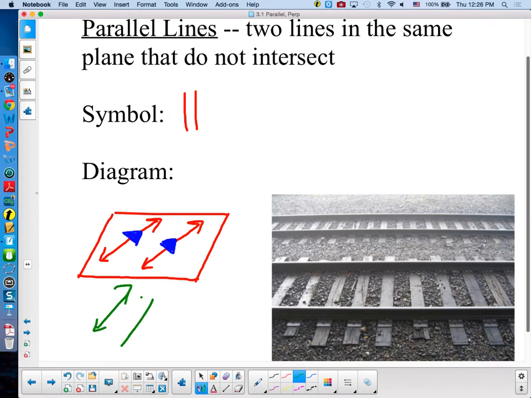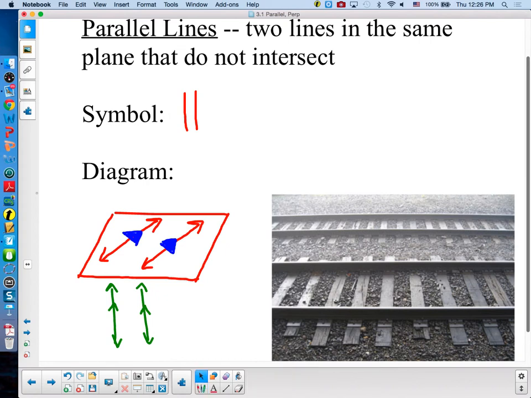We could just have two lines and then an extra arrow. I usually do the triangle. Now that I drew it, I thought, oh, that is the way I do it. But you could have just an extra arrow or a double arrow.